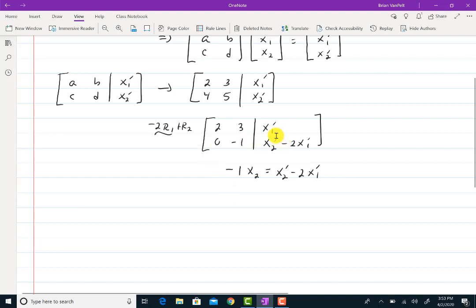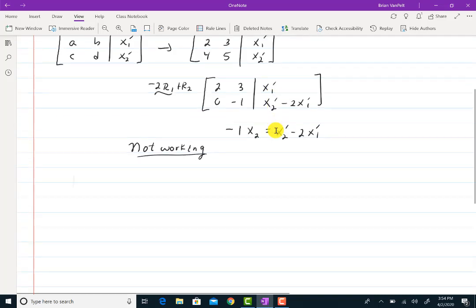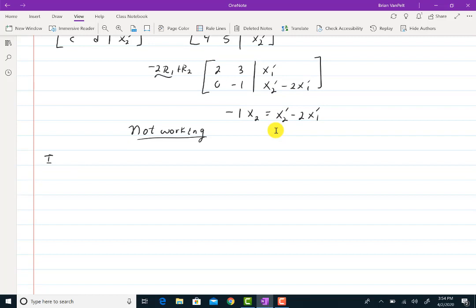So the problem with trying to do row reduction to solve these is what happens on the right hand side. This is not going to work. So instead, what we do is the following.